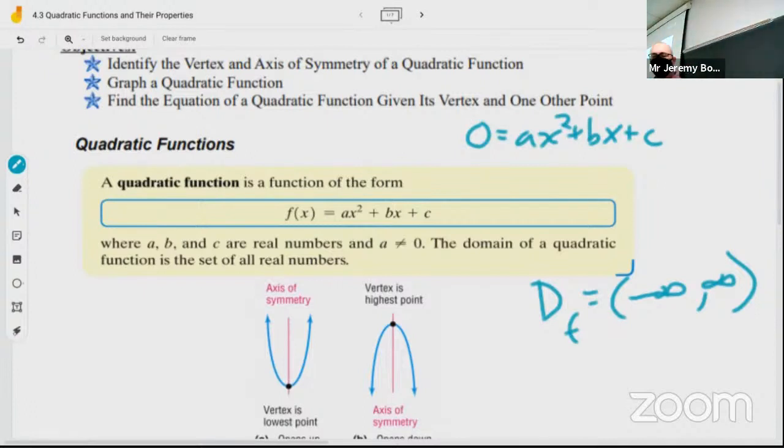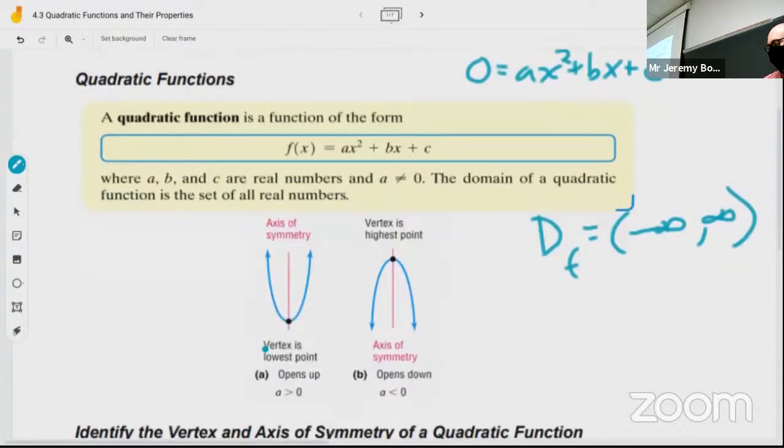And you're probably familiar with what a quadratic function's graph looks like. Everybody knows what it's called? Parabola, yeah. And so you've got two types of parabolas. You have a parabola that's shaped like this, and one that's shaped like that. There's two ways that this can be done.